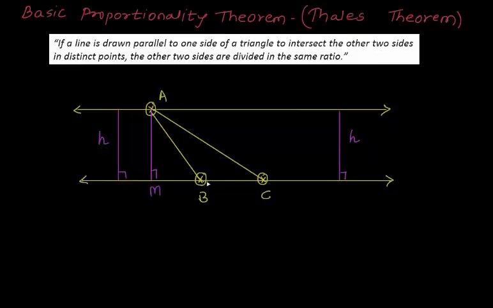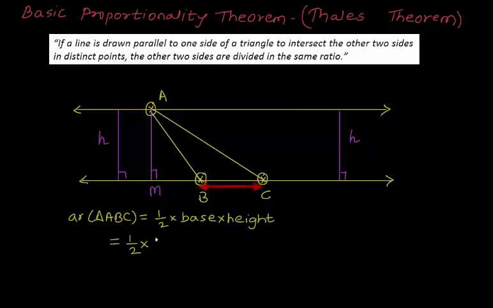Now what is the area of triangle ABC? The area of triangle ABC is half into base into height. So this is the basic formula. So the area will be half into base. What is the base? The base of this triangle is BC, into height.